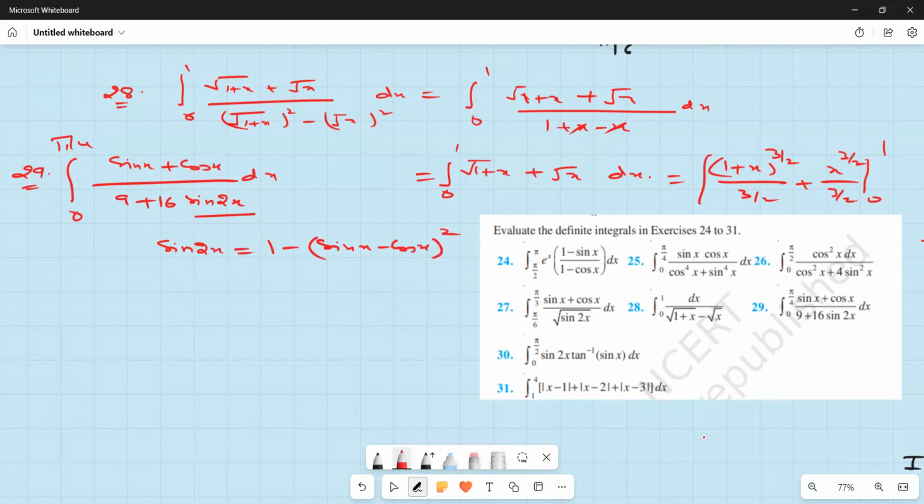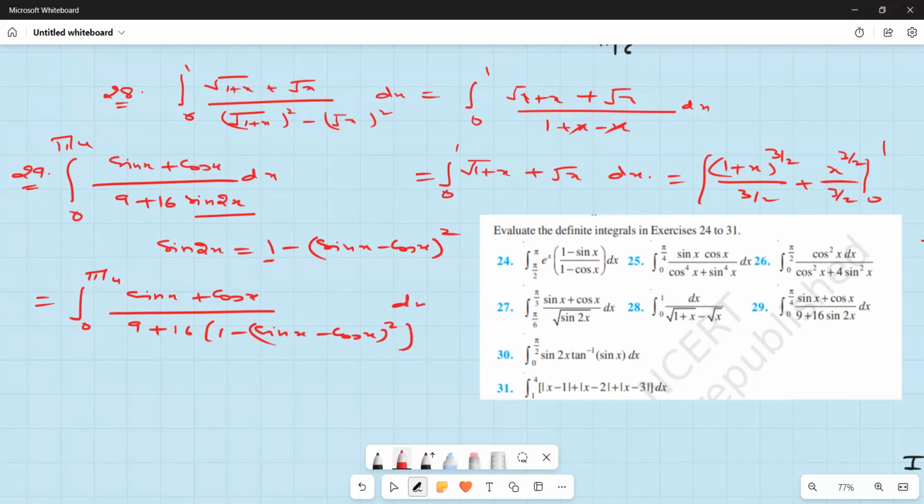Because sin x minus cos x whole square is sin square x plus cos square x, which will give you this one, and minus sin 2x, which is this. 2 sin x cos x is sin 2x, which is this. So substitute that. 0 to pi by 4, sin x plus cos x upon 9 plus 16 times 1 minus sin x minus cos x whole square dx.